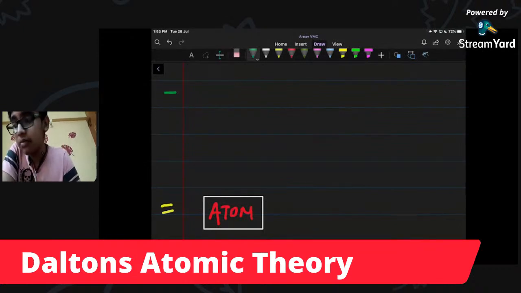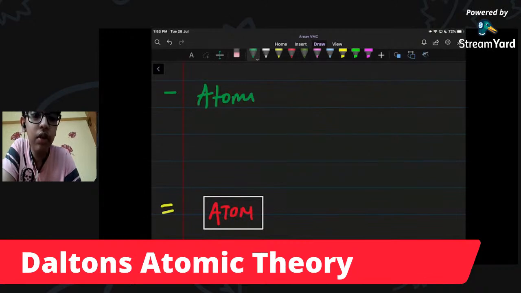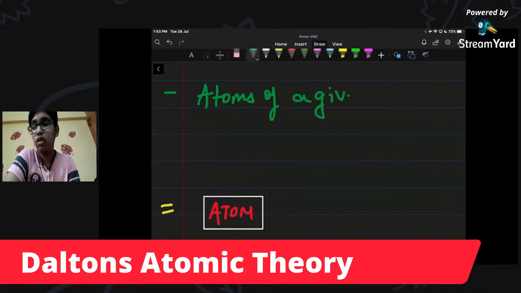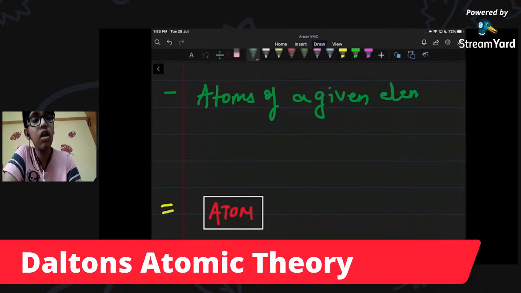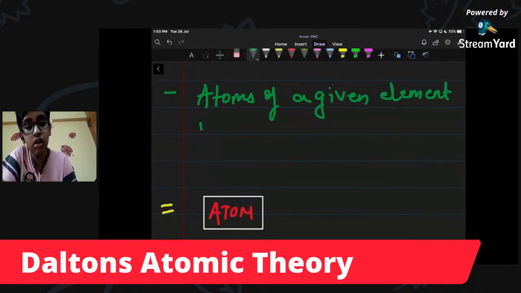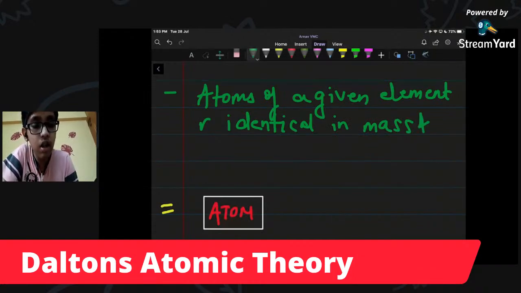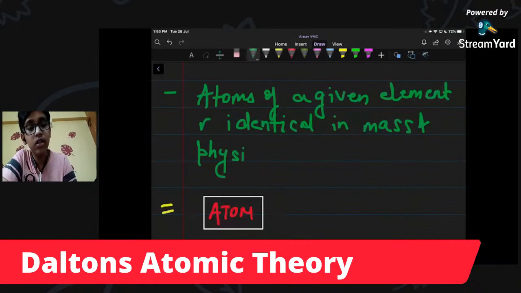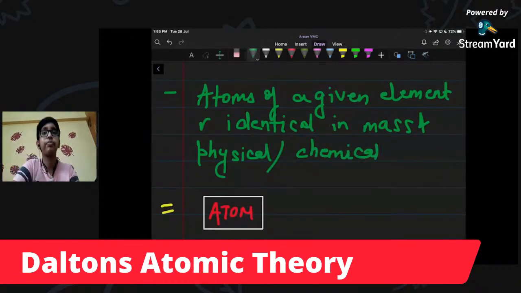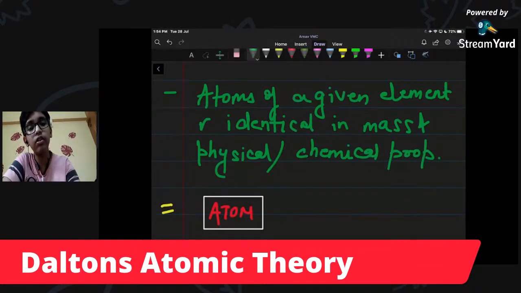It states that atoms of a given element are identical in mass and physical slash chemical properties. This was the second point of Dalton's atomic theory.